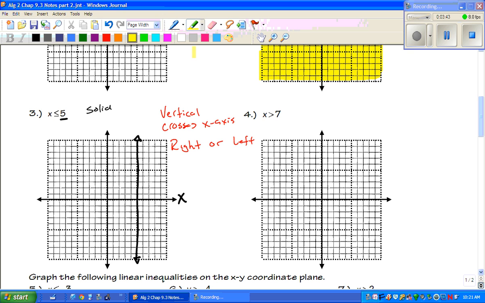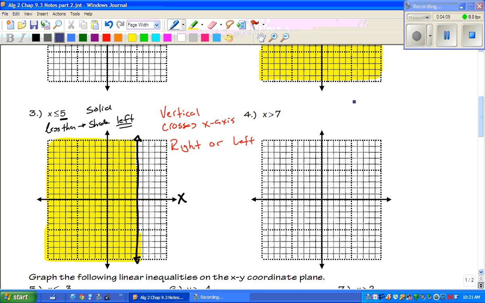Now this is less than. If it's less than, that means we have to shade to the left, because that's numbers that are less than 5.